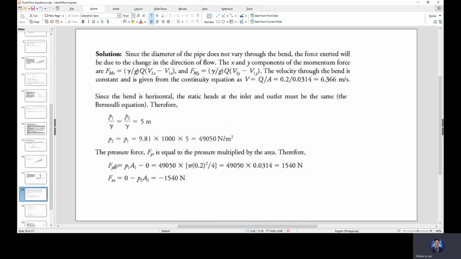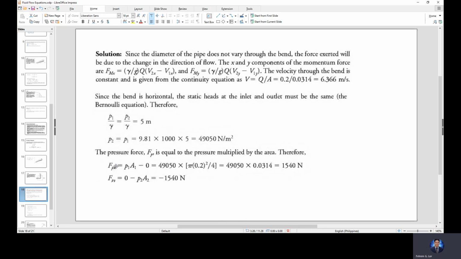So we can solve for the pressure. That's 5 times 9,810, so that's 49,050 pascals, or newtons per square meter. So for the pressure force, we can solve for the force.